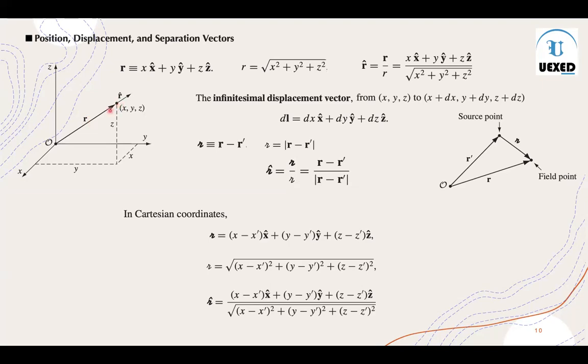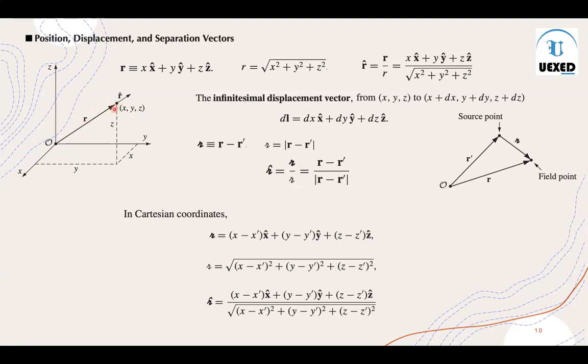This r vector contains components in the x, y, and z directions. From the origin O, parallel to the x-axis, you have this x distance. Similarly, with respect to y you have y, and z is given like this. So this point gives the coordinates of the position vector r from the origin.